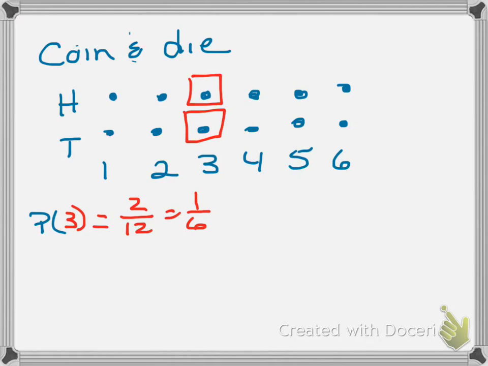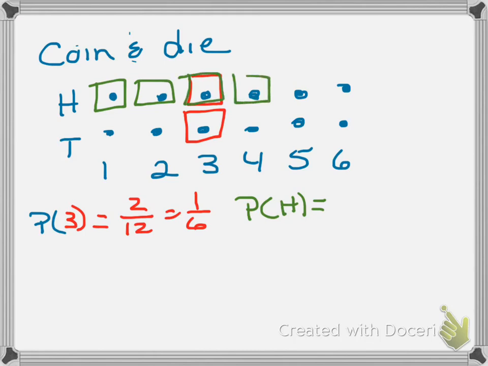What is the probability of getting a head? Here's the head, here's the head, here's the head, here's the head, here's the head, and here's the head. So that is 6 out of 12, which is better known as 1/2.